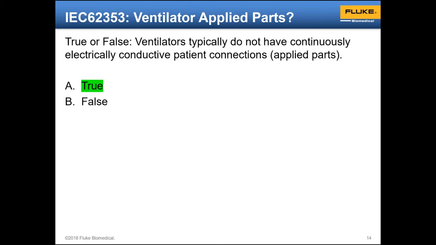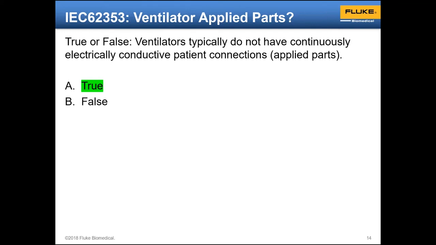Now, high-end ventilators that you would typically find in an intensive care unit or long-term ventilator unit might have some other patient parameters that are integrated into the ventilator.